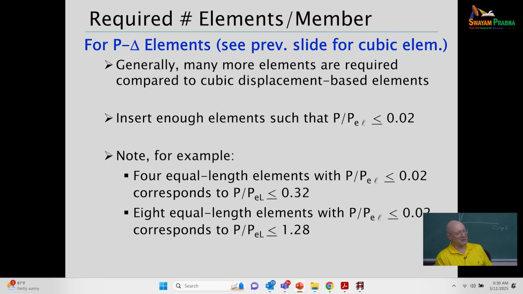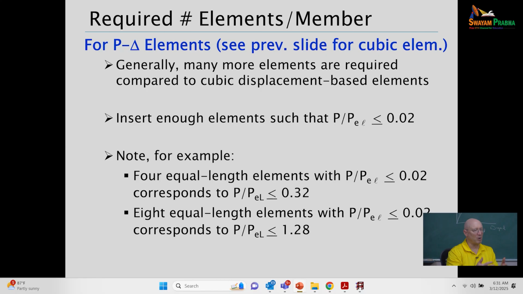Or let's say I'm using 8 equal length elements with P over P script L of 0.02. Well, 0.02 times 8 squared is 1.28. So I can get a solution there. I'm confident I've got an accurate solution in that case. If I've got loading that exceeds PE capital L up to 1.28, I should be accurate with 8 elements.